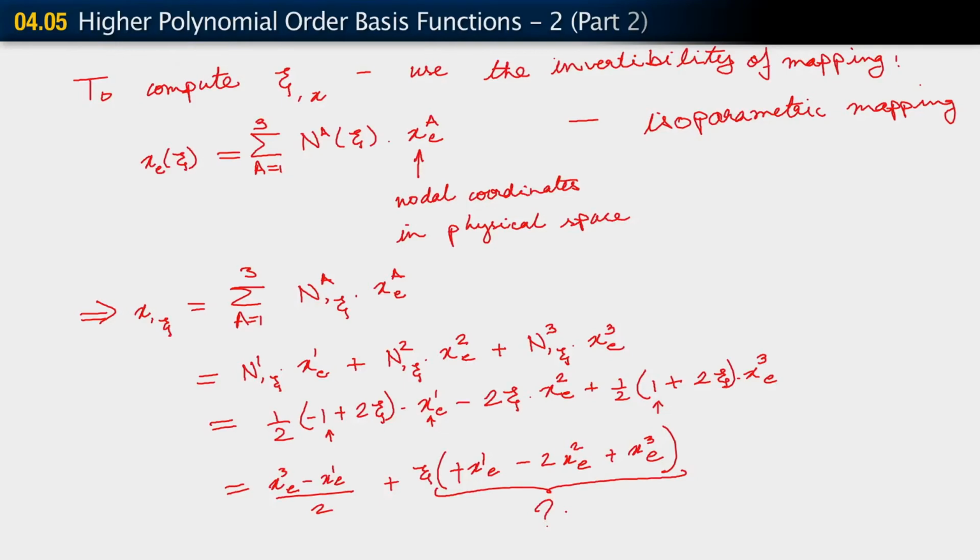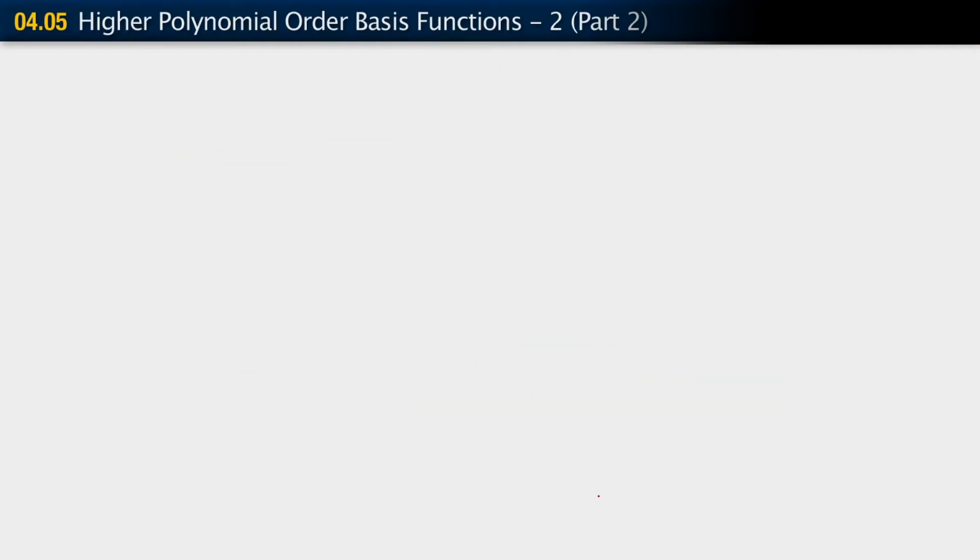In order to examine what happens with it, let us look at our element more closely. We have Ω^e, a quadratic element, or alternately a 3-node element with quadratic basis functions.